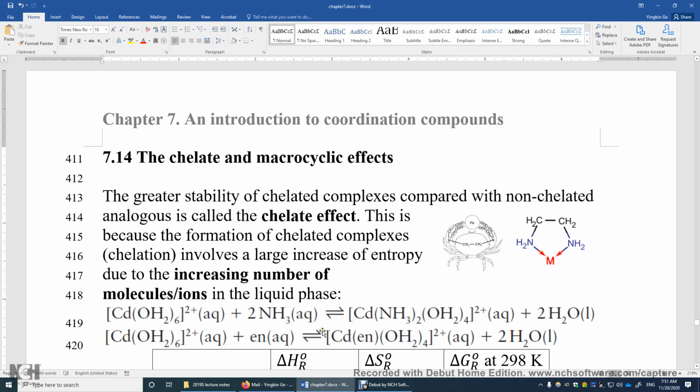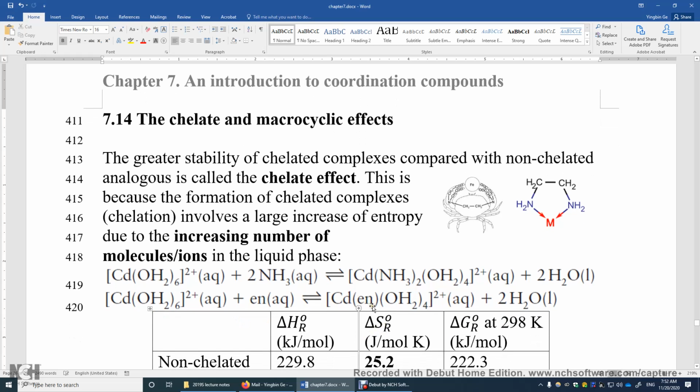In this reaction, we replace the 2 ammonia molecules with 1 en molecule. en is diaminoethane. It's a bidentate ligand. It can replace 2 water molecules. This is the product plus 2 solvent water molecules.